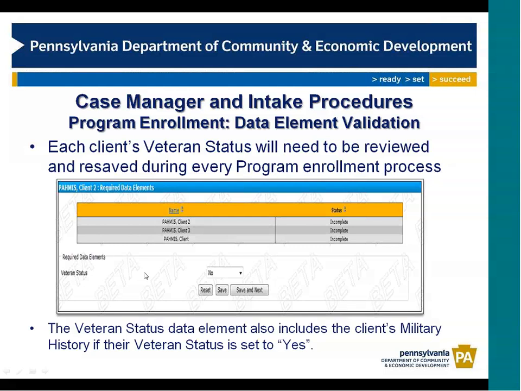Even if it is a subsequent enrollment and all the other data elements are completed, what the system will do is, if it has been completed, it'll pull in each client's current profile data element, whether it's no or yes, for the user to confirm it. If the information hasn't changed, you just hit save and next, go to the next client, and go through that confirmation stage.